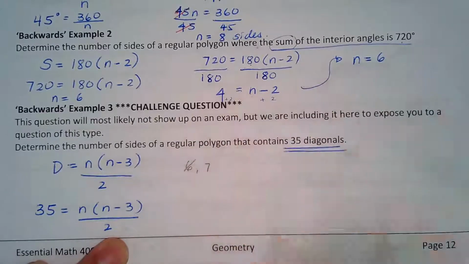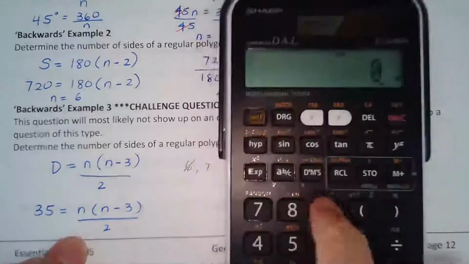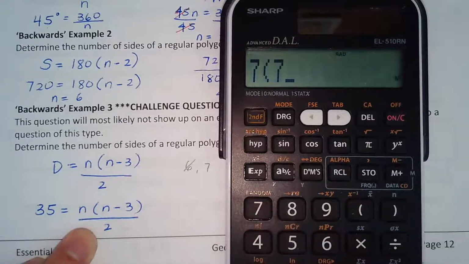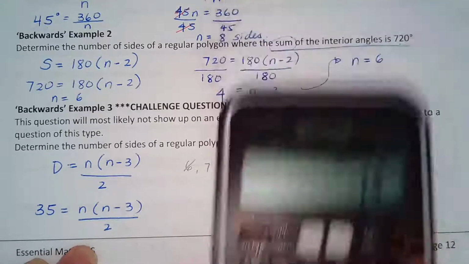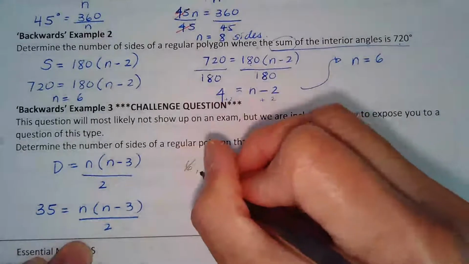So I'm going to try 7. Go 7 times 7 minus 3, close bracket, and then divide by 2. 14. Okay, no. So the answer that I got here is 14.